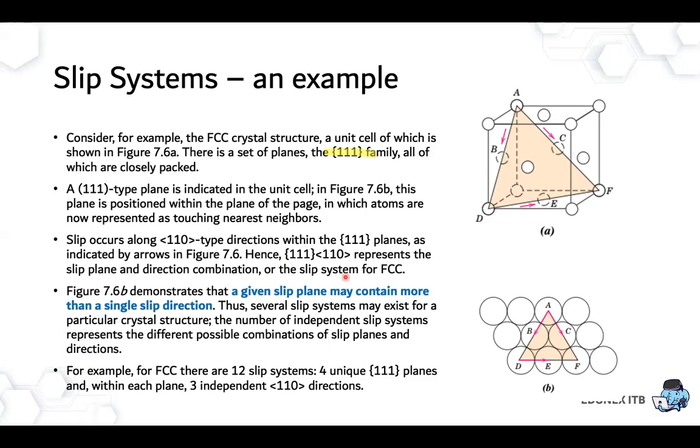Okay, or the slip system of FCC. If you look at here, it only has one, but actually we can make, let's say, it can be like this one as well, right? So we have two. We will have two planes.